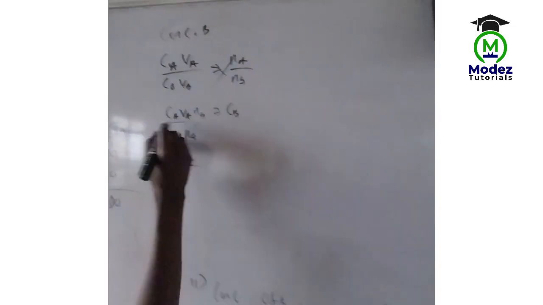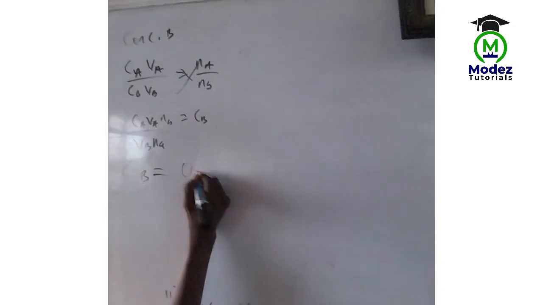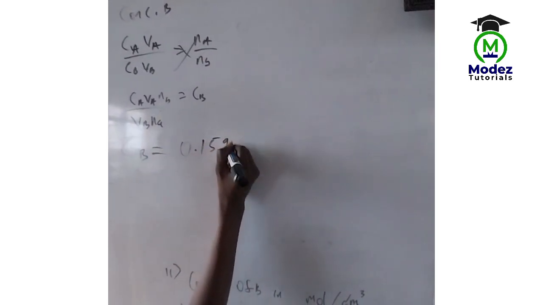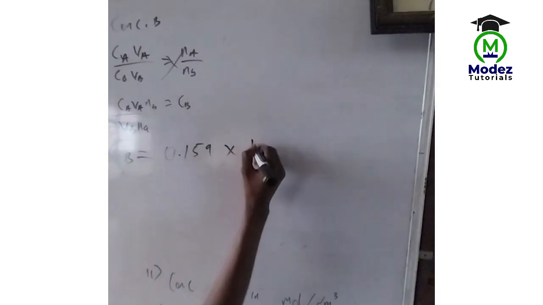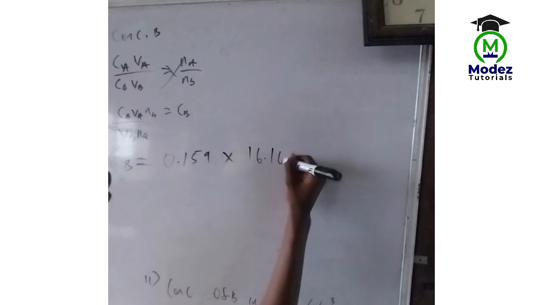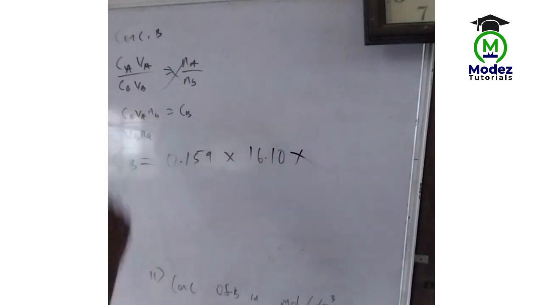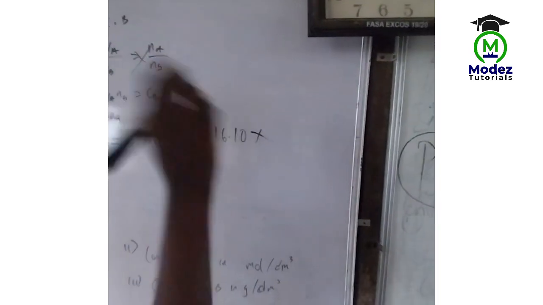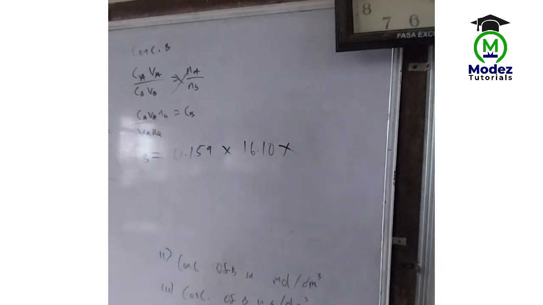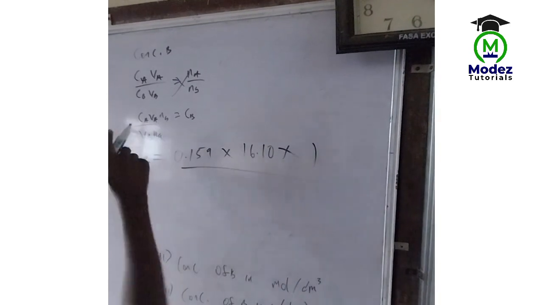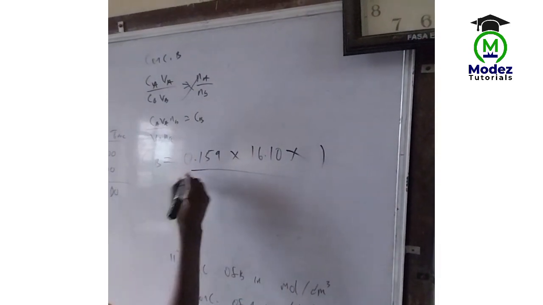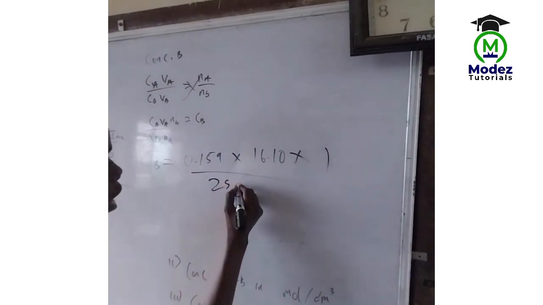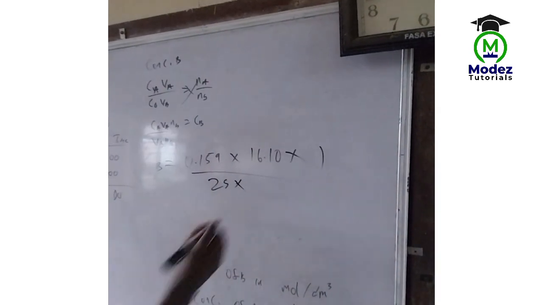So what is CA? The concentration of the acid, the one we got at first, times the average volume of acid used, times the number of moles of the base. In the previous reaction, everything was in a 1 to 1 ratio, so it's 1 over the volume of base, which was 25 cm³, times 1.